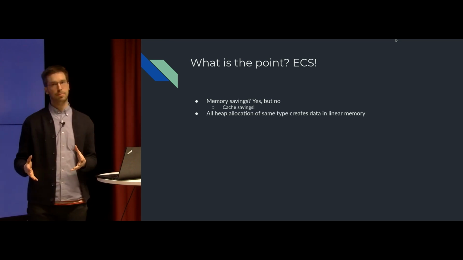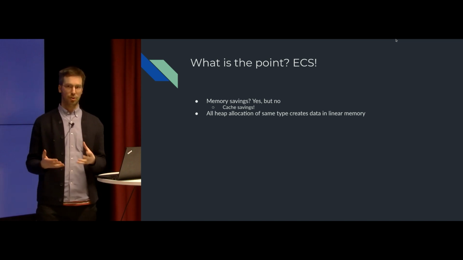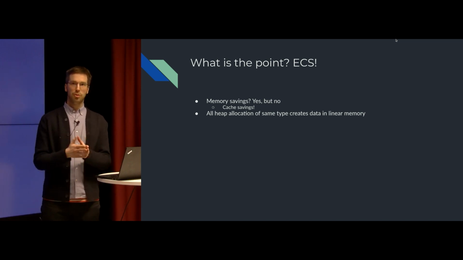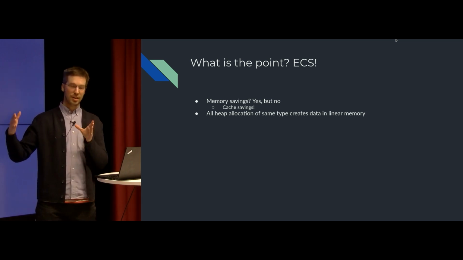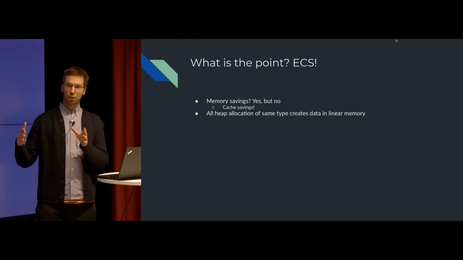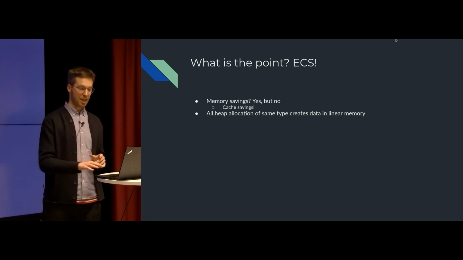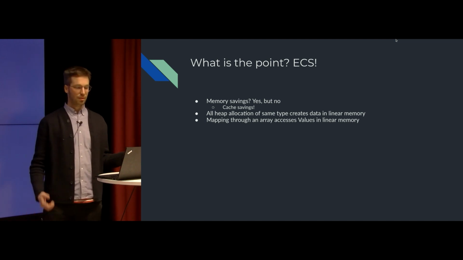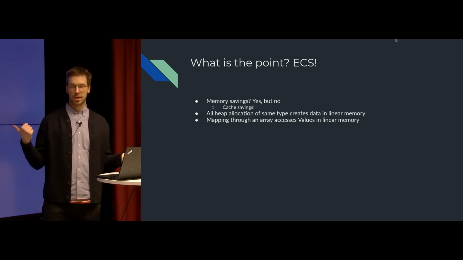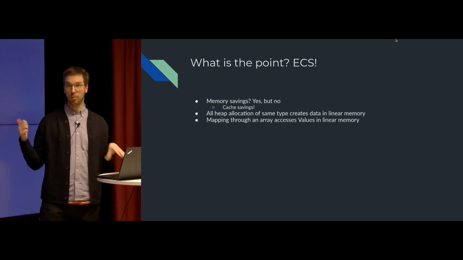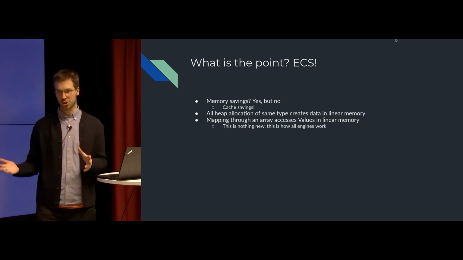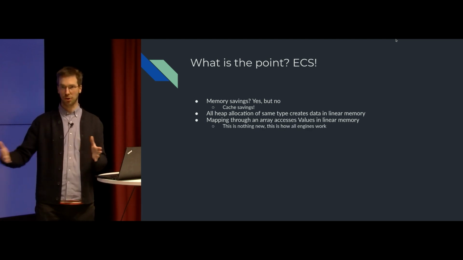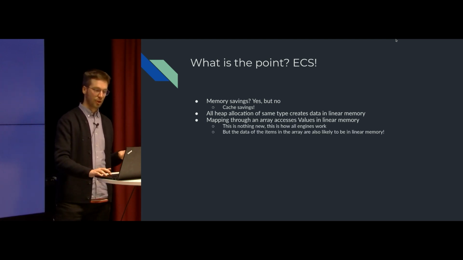So all our heap allocations, whenever you allocate on the heap, it's going to be in linear memory with data of the same type created at basically the same time. Mapping through an array is just accessing values in linear memory, and this is nothing new. Every engine does this because, of course, you're going to do your array as a vector.